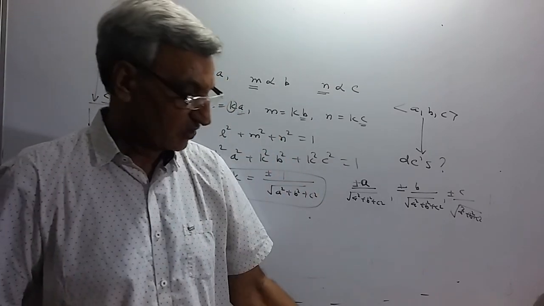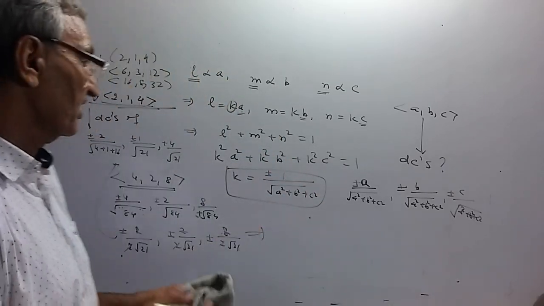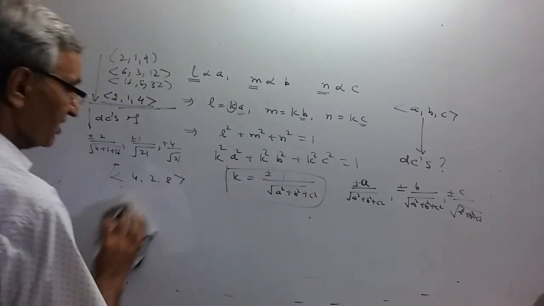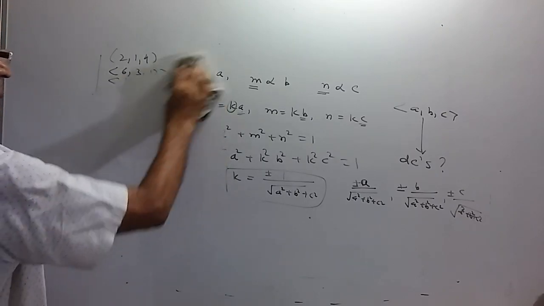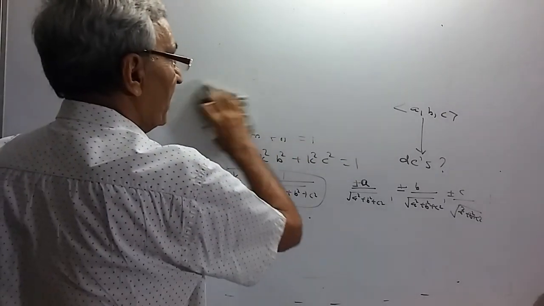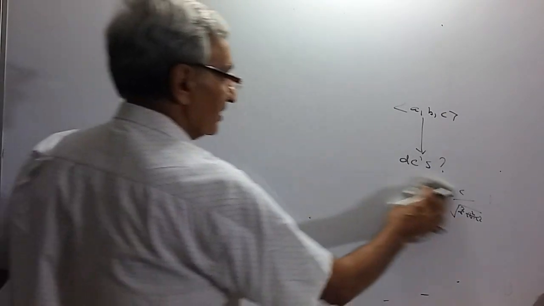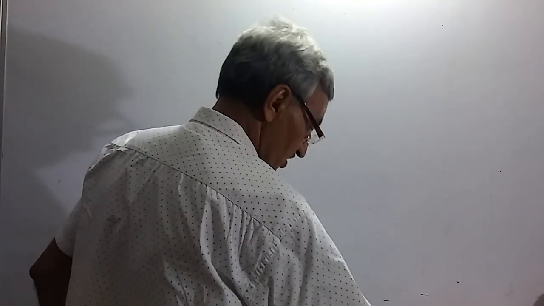There is only one: cos alpha, cos beta, cos gamma. That is very, very simple. Direction ratios of a line are infinite, as the name suggests they are direction ratios, but for direction cosines there is only one.